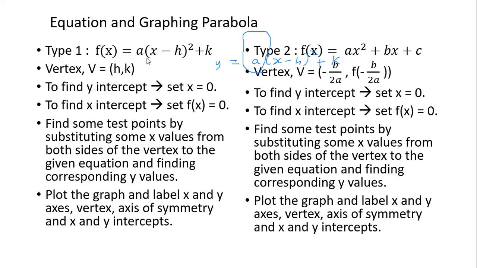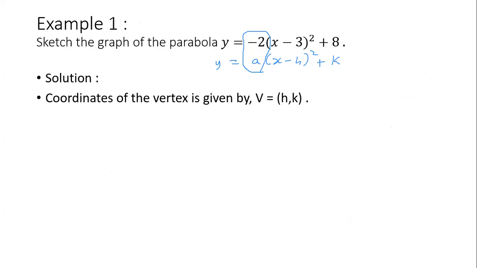If a is a negative value, it opens downwards. If a is a positive value, it opens upwards. Same thing with this one. A negative, open downwards. A positive, open upwards. When we apply it to an example, we will understand that better.